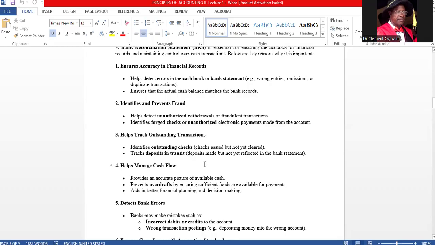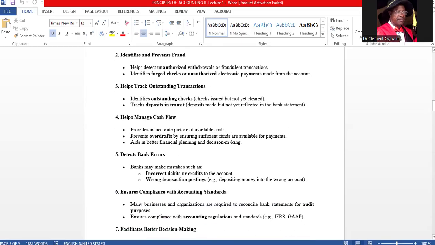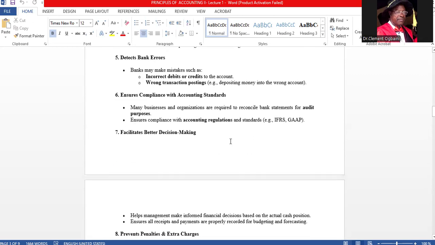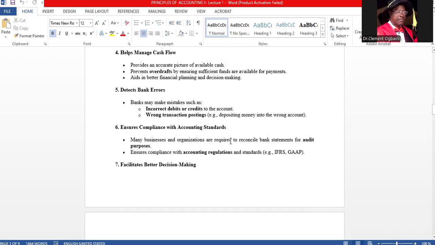And also, you can see if there's a withdrawal from your bank account which you cannot explain. So we said that this bank reconciliation statement helps us to track transactions. It also helps us to manage cash flow, and it helps us to detect errors. And finally, it helps us to comply with the accounting standard.